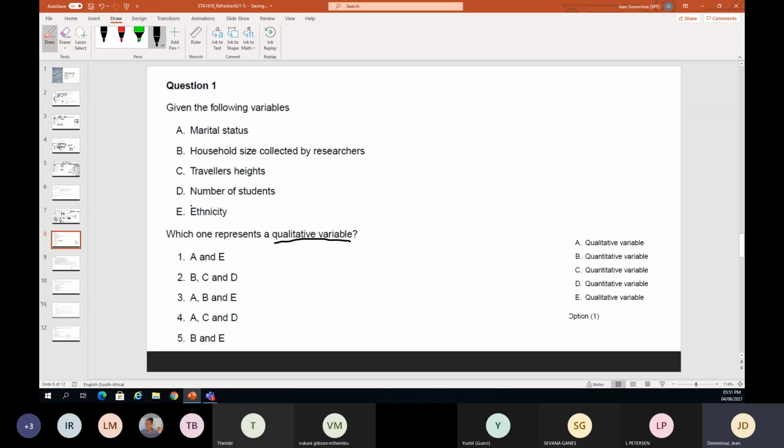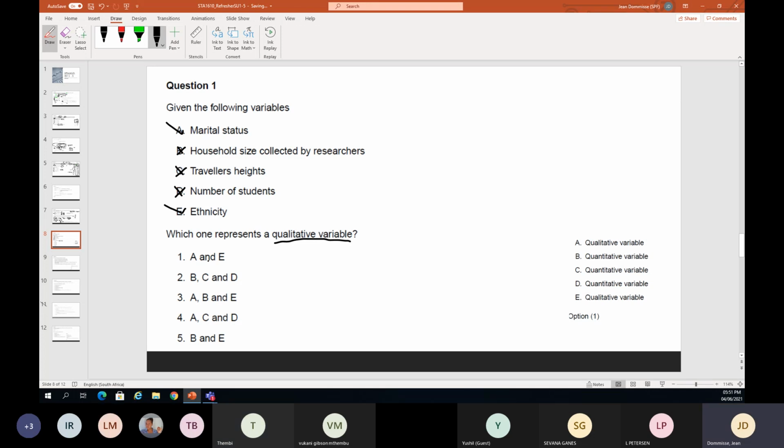Ethnicity. Anything else? Okay, so number of students, no. Traveler's height, no. Number one, or letter A. Yes or no? Yeah, A. Awesome.